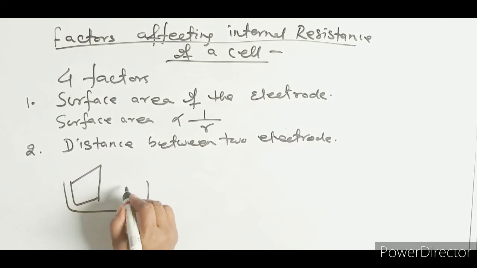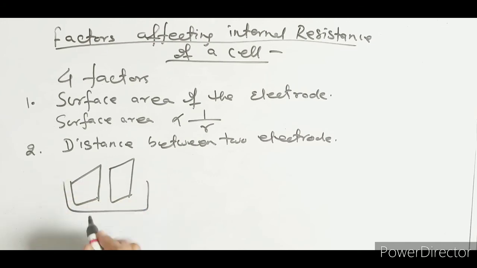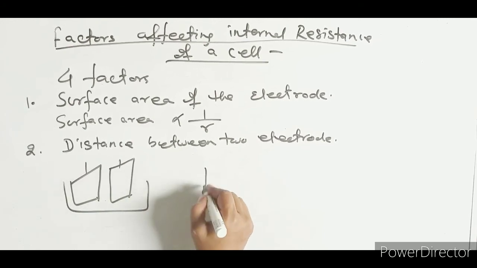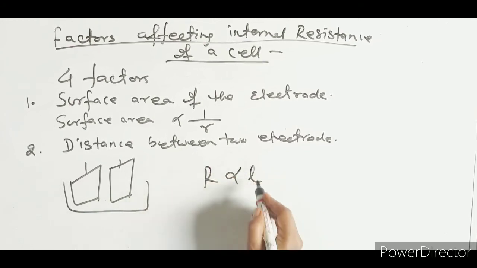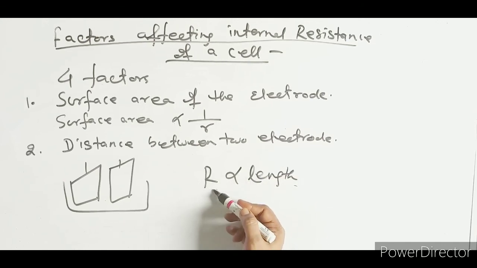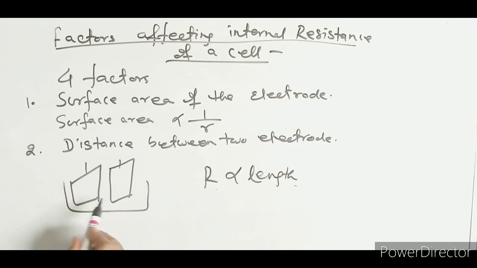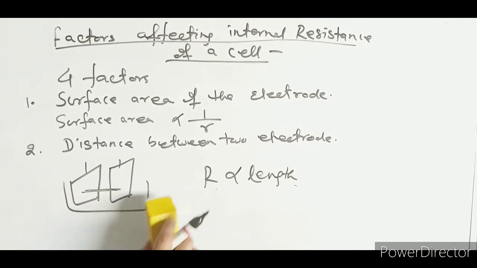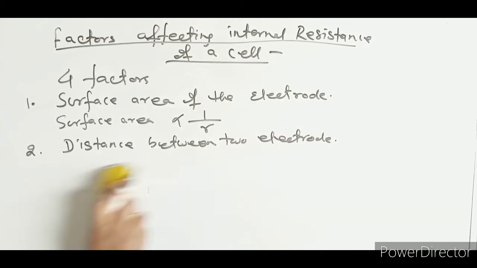The electrodes are closer or the electrodes are far. If it is closer, it takes less internal resistance. More distance, greater is the internal resistance. In case of resistance, remember resistance capital R is directly proportional to the length. Clear? More is the length, more is the external resistance. Here also the same. Distance between two electrodes will be more, then this internal resistance also will be more.